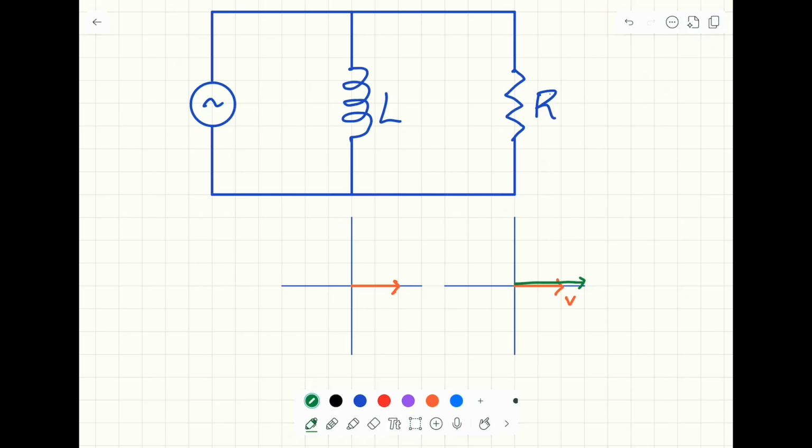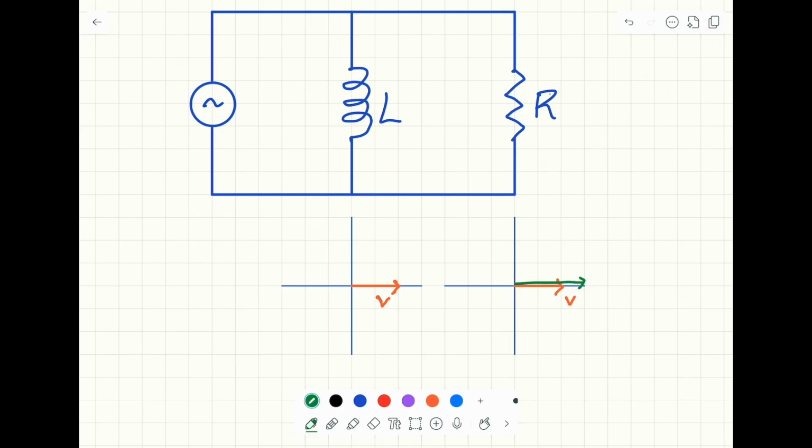However, this time we have to align the voltage of the inductor to the voltage of the resistor. So we have to rotate the phasor of the inductor by 90 degrees. So the orange here also represents the voltage across the inductor. It means now they have the same magnitude and the same phase.